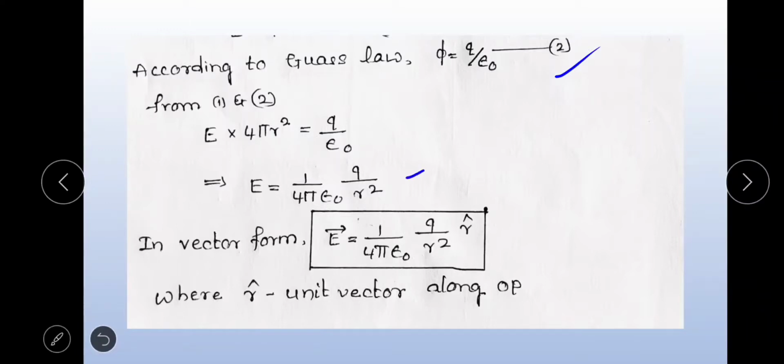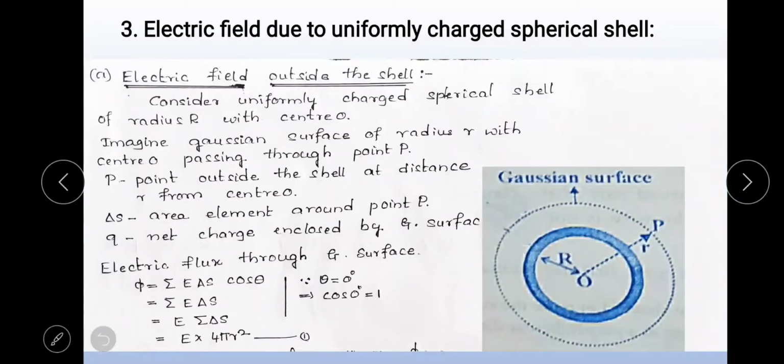It is only the magnitude of the electric field intensity. In vector form, it can be written like this, where r cap is the unit vector along OP. Okay, in the diagram, the unit vector is acting along OP.